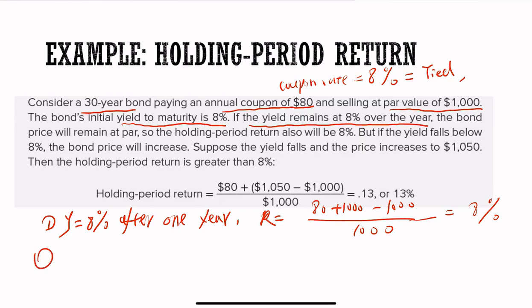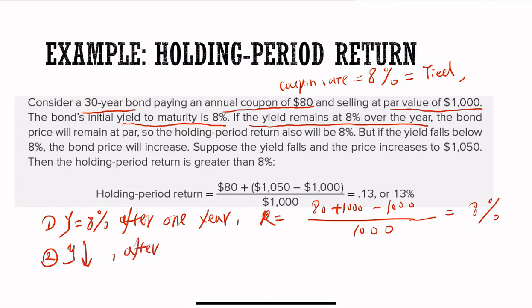Now let's look at the second case. Let's say the yield falls below 8%.